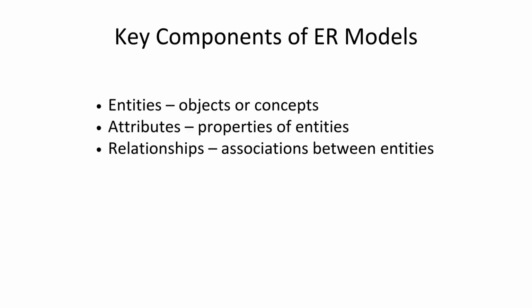Key components of ER models. Every ER diagram includes entities, the core objects, for example books, customers; attributes, details about them, for example title, age; relationships, how entities are linked, for example borrows, places; primary keys to uniquely identify each entity; and constraints, rules about participation and cardinality.